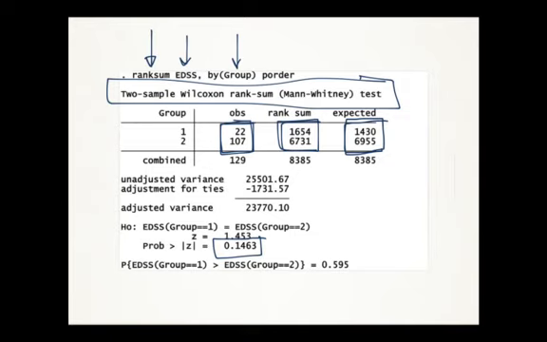Okay, so just some general comments. The Wilcoxon rank sum test is common in some settings, but it's important to remember that it assumes the same shapes of the distributions. Remember, our null hypothesis was that the distribution in the first group was equal to the distribution in the second group.